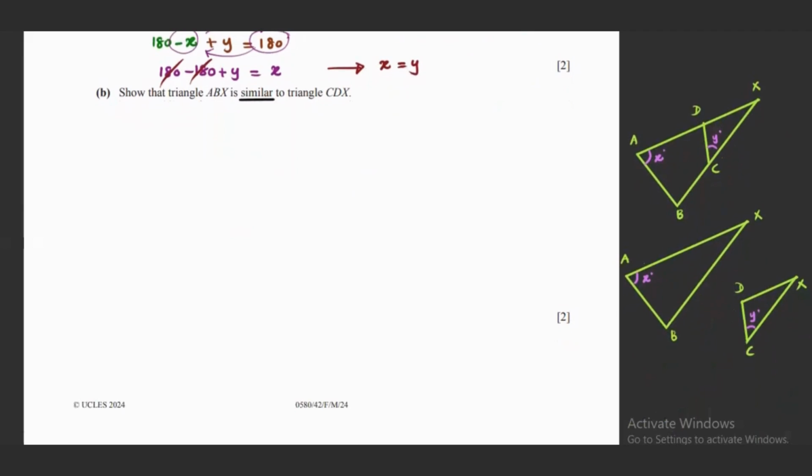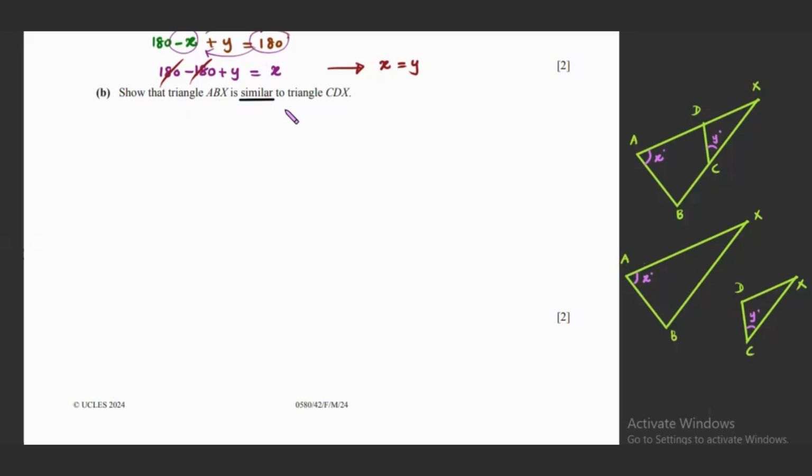When two shapes are similar, we say that all the matching angles, or the corresponding angles, will be equal to each other. At the same time, the ratio of the corresponding sides will be equal, or we say that the matching sides are proportional. That is when two shapes are similar.